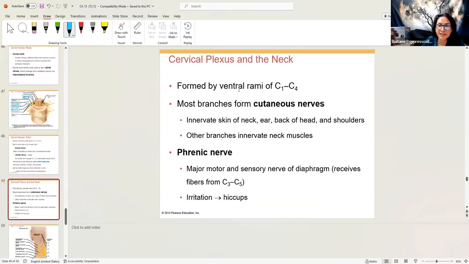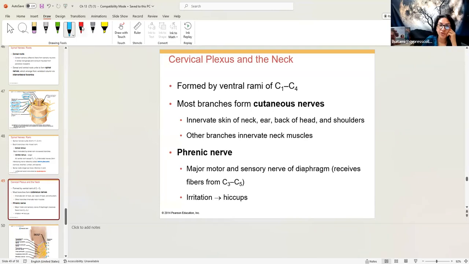Now we're going to talk about these plexuses a little bit. The first plexus is the cervical plexus, which is related to the neck region. It innervates the structures of the neck and also the head. So it innervates the skin of the neck, ear, back of the head, and shoulder, and also the neck muscles, because we know all of these nerve fibers are mixed, right?